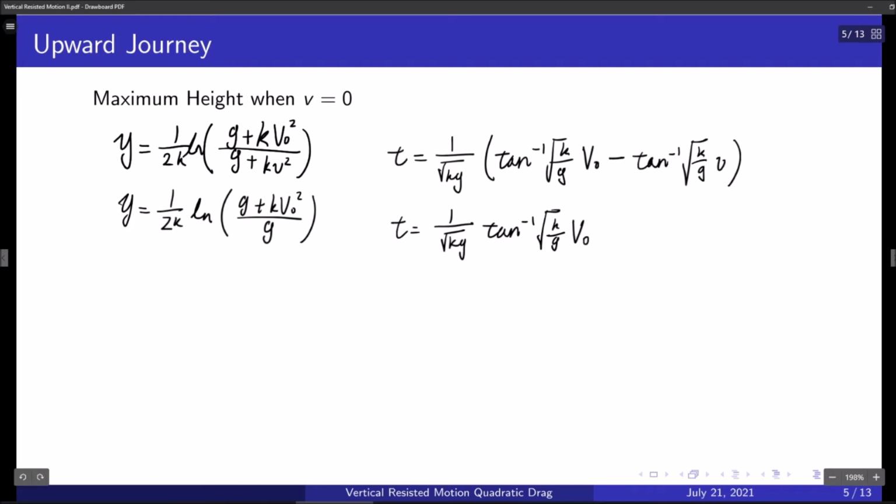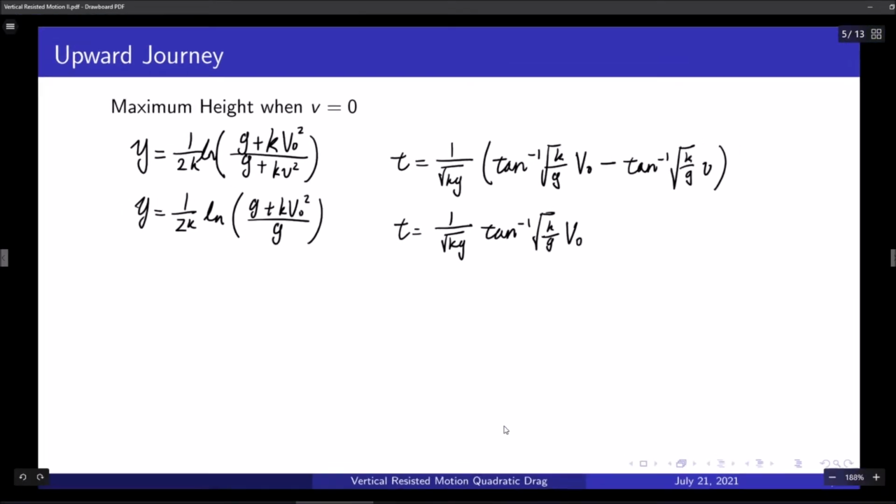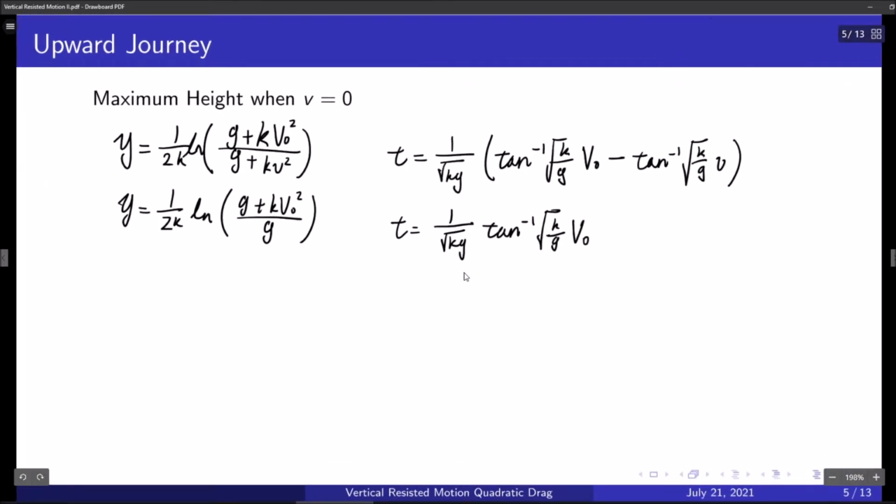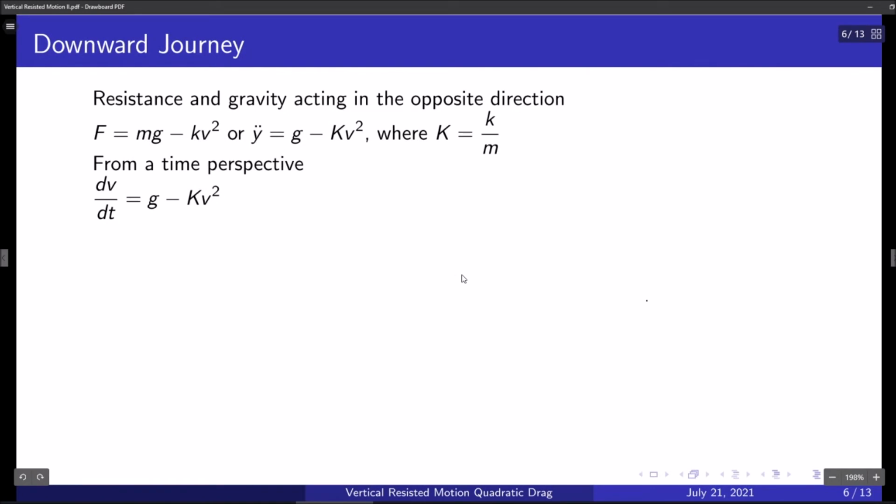All right, so now let's turn around and look at the downward journey. Okay, we are still going to follow more or less the same steps, but this one is slightly more involved.